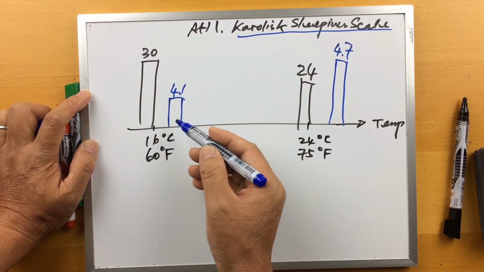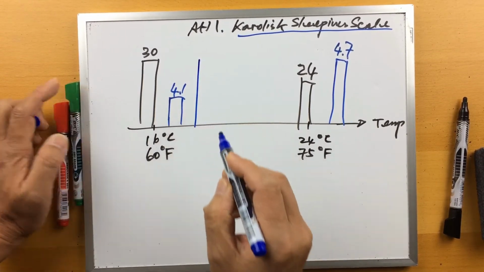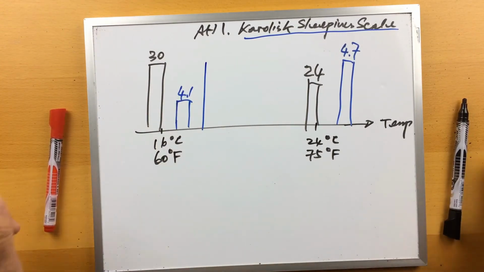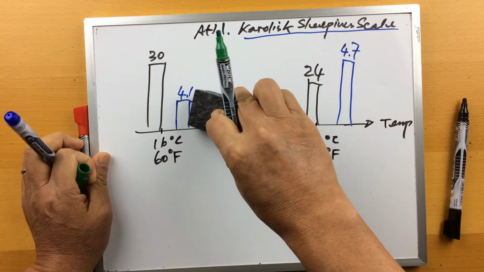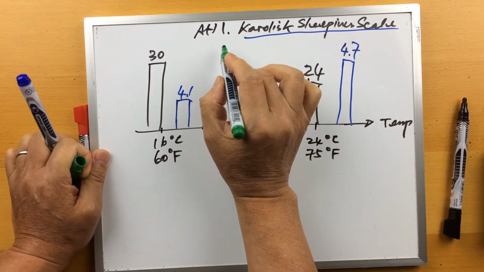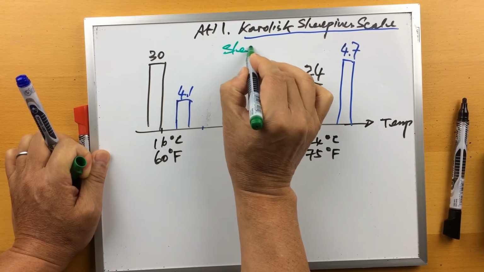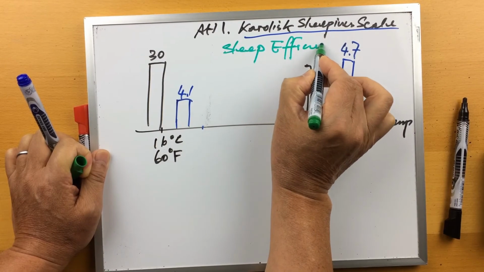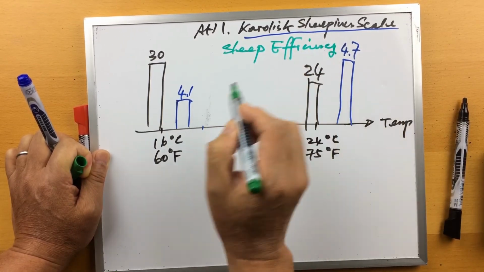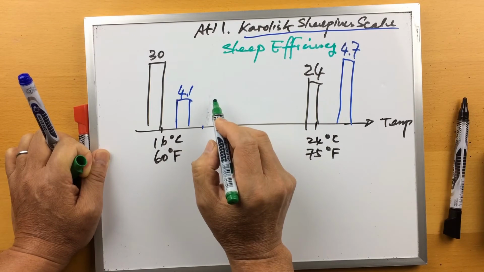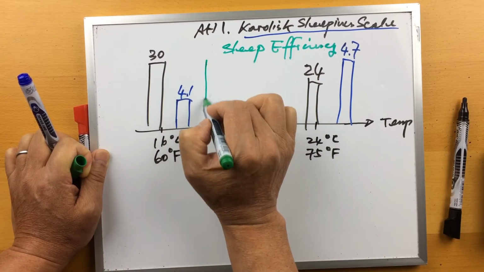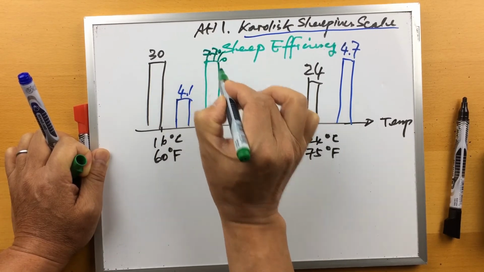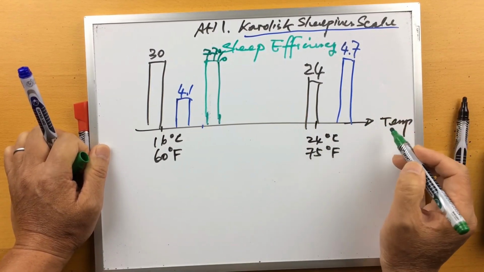So at 16 degrees, the sleep efficiency was 77%.